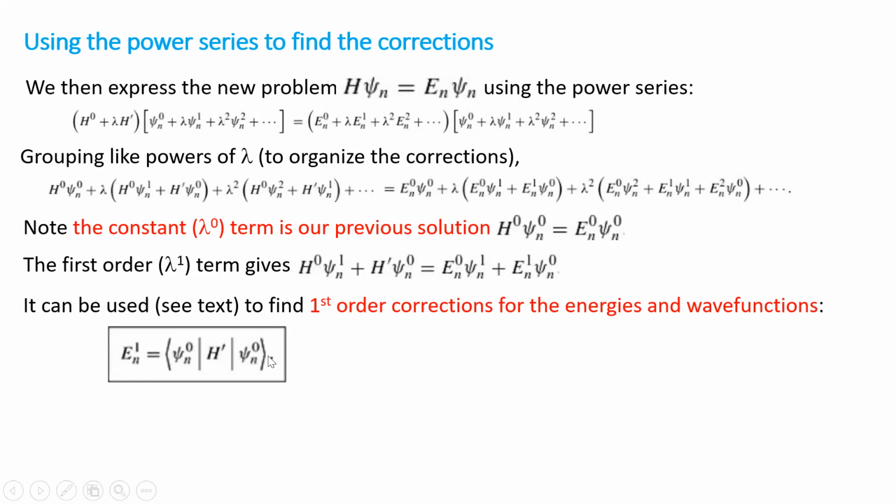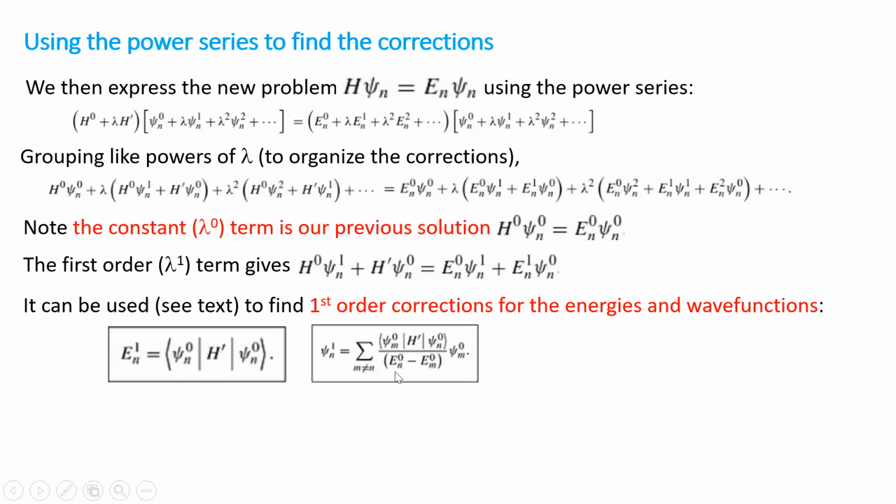That's a nice result. It's a mouthful to say, but it's about as simple as you could hope. Again, to get the first order correction to the energy, you take the perturbation and you take the expectation value of that in that state's unperturbed wave function.